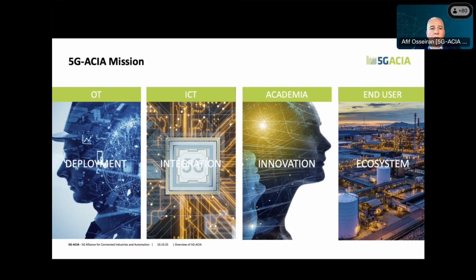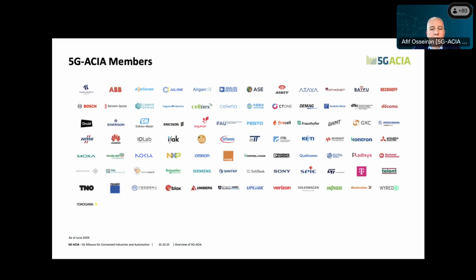These are the main categories, and if you move on to the next slide, you will see a list of our members: global ones from different areas, MNOs, suppliers, OT players, test companies, academia, institutions, etc. This is a unique alliance, and we work very closely with each other, with a common goal.